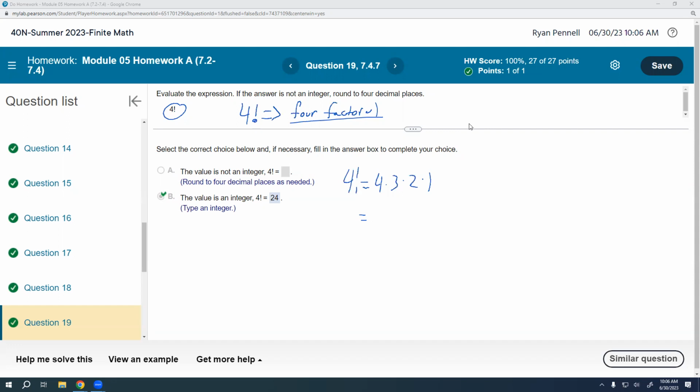Well, what's that? 4 times 3 is 12, times 2 is 24. But it's fairly easy to see once you know what that's talking about.